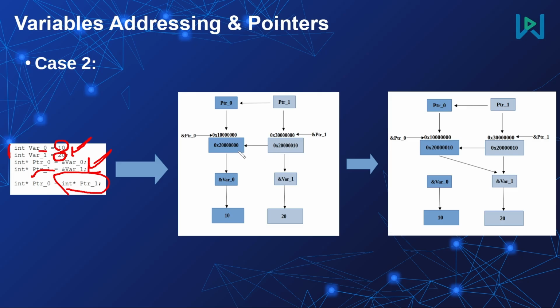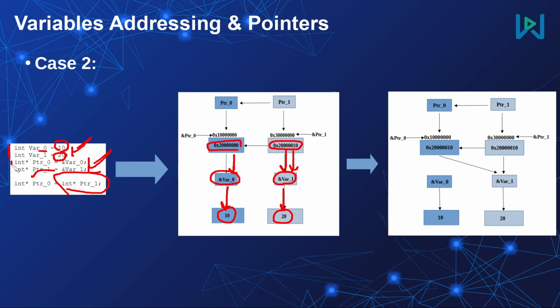This will be the memory location assigned to our variable number 0, and this will be the memory location or address assigned to our variable number 1. The content of the variable 0 address will be here, as you can see, and for variable number 1, the address or memory location will contain this value.